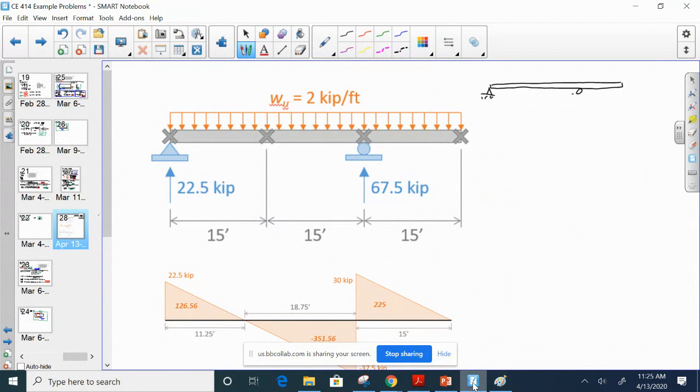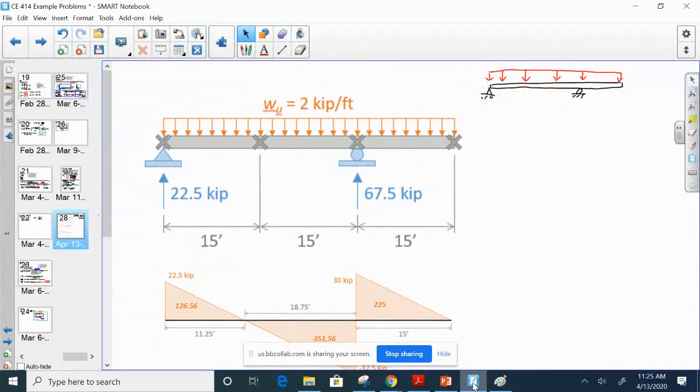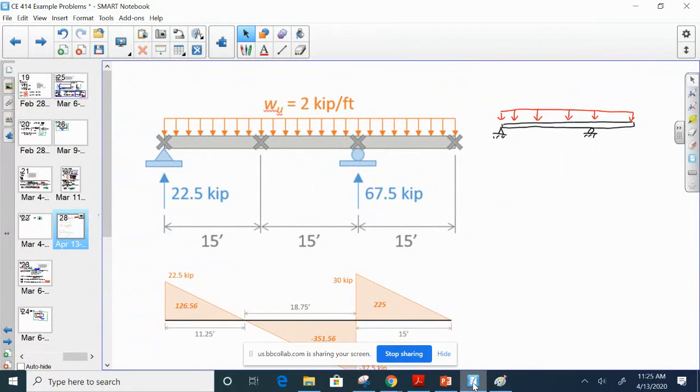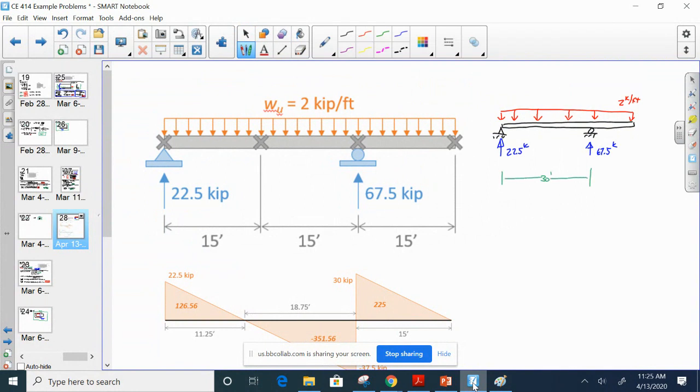So here's the beam, and I want to just draw it without the braces.